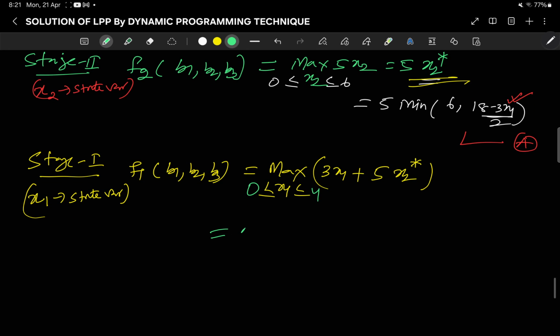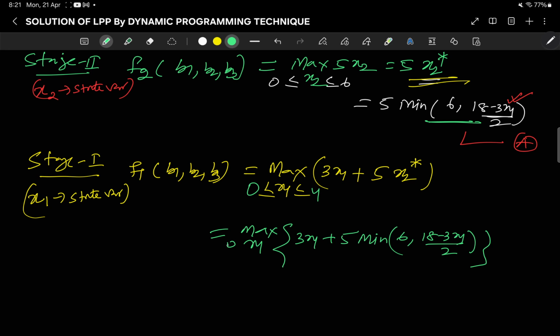So this is equal to the maximization over x1 of 3x1 plus 5 times this value, the minimization of 6 and 18 minus 3x1 divided by 2. So x1 ranges from 0 to 4, so I have to find an intermediate value. If I compare, this will give me x1 equal to 2.